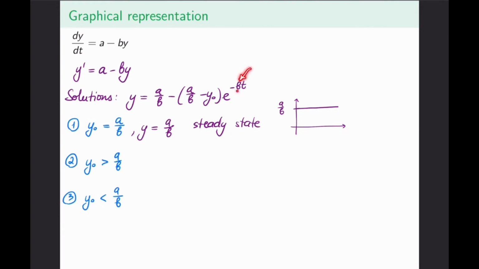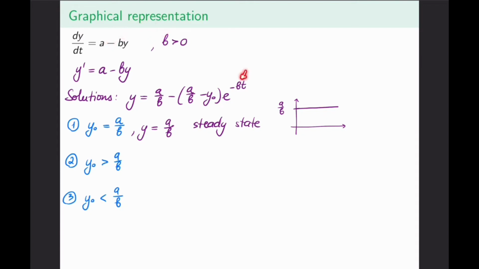Is b positive or negative? So is my exponential actually decreasing like in the decay or increasing like in the exponential growth? For the purpose of this analysis, I'm going to restrict ourselves to b being greater than 0, because this is where most of the applications are going to lie, with the equations that have the actual minus built in and b being positive here.